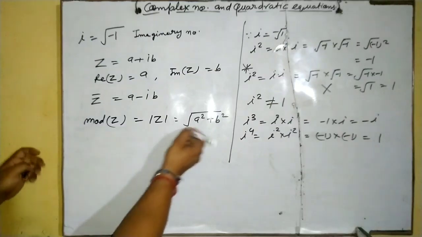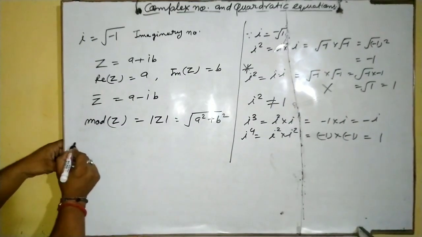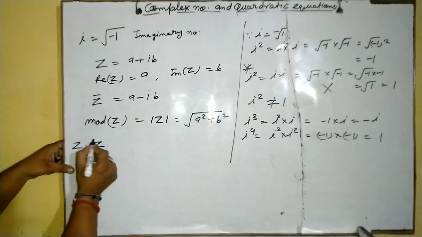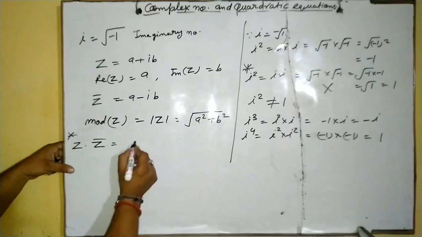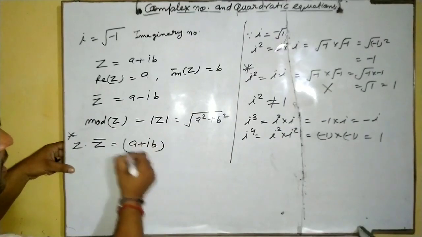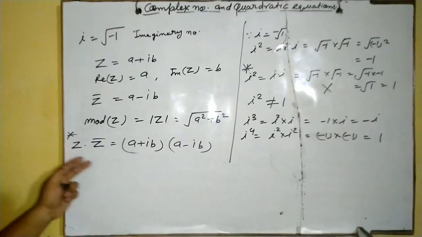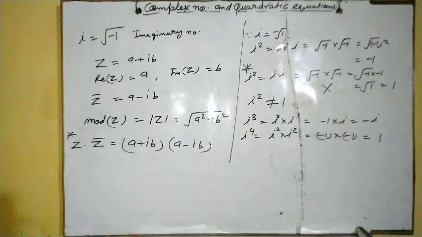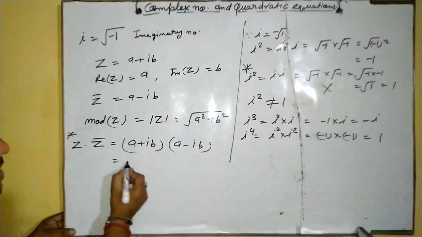Now we have to prove one thing more: what will be z into z bar? z is a plus ib and z bar, the conjugate, is a minus ib. It is like a plus b times a minus b, which we can write as a square minus b square.